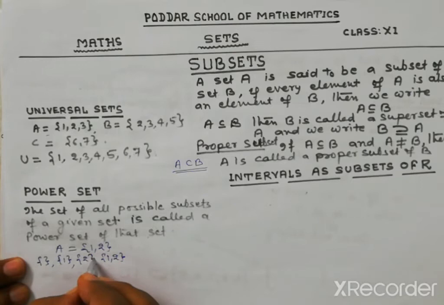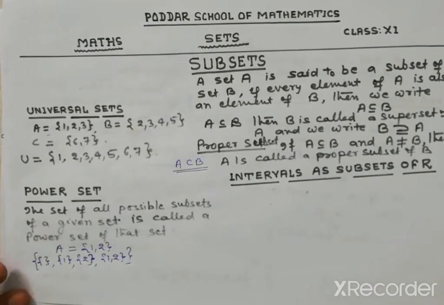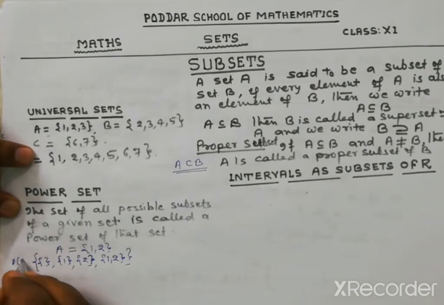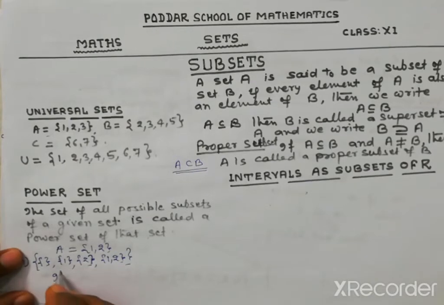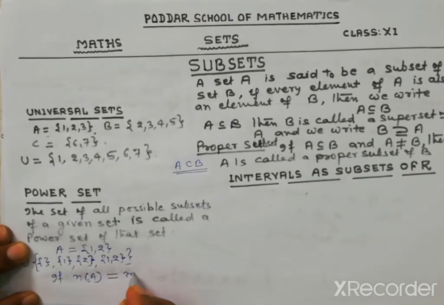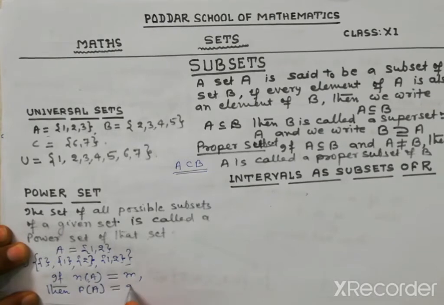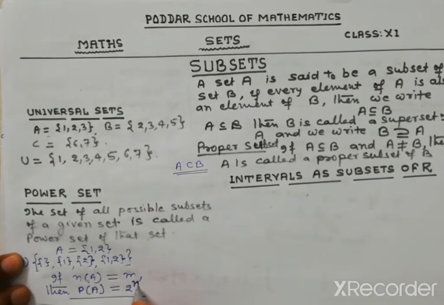These are possible subsets of A, and if you collect this one in these two braces, then this set of all possible subsets of the given set will be known as power set of A. If number of elements of A is equal to n, then number of elements of power set of A will be equal to 2 to the power n. This you have to remember. Means 2 to the power n will be the number of possible subsets of the given set.